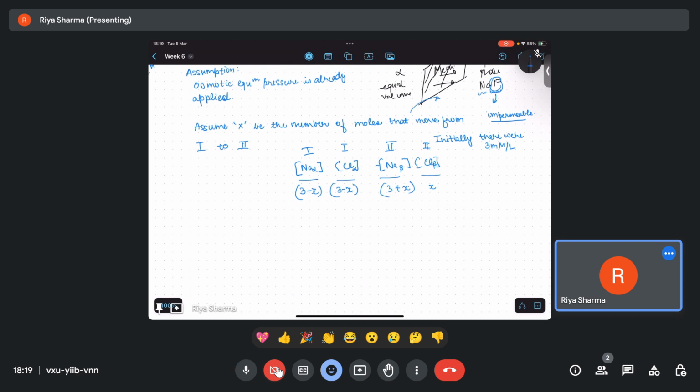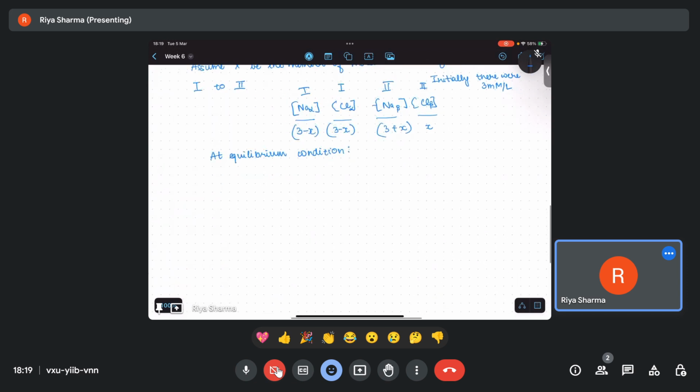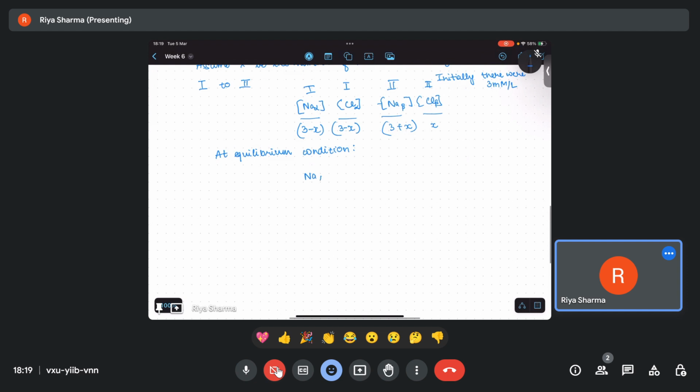But at equilibrium, after everything has happened, the Na alpha concentration multiplied by the chloride alpha concentration will be equal to the Na beta concentration multiplied by the chloride beta concentration, right?